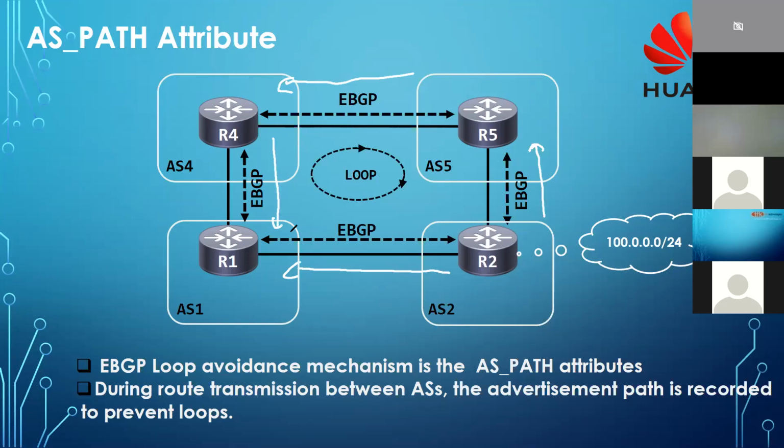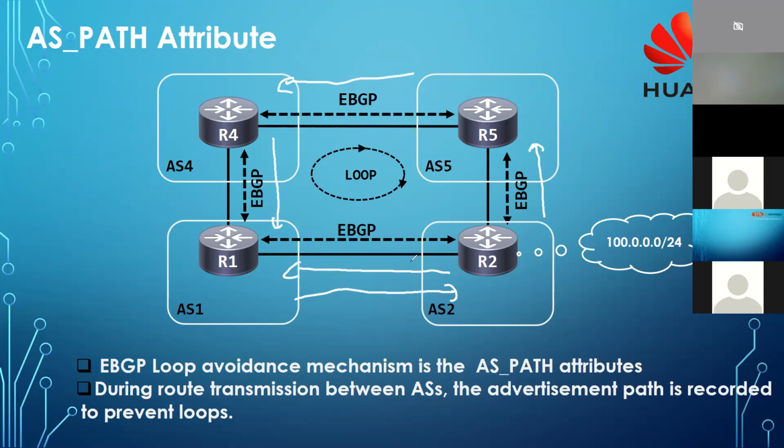And when R1 receives the update, it will send it to R2. There is no rule that prohibits R1 from sending the update to R2. This is not like we saw in iBGP. When eBGP receives a route from an eBGP neighbor, it can send it to all its neighbors.